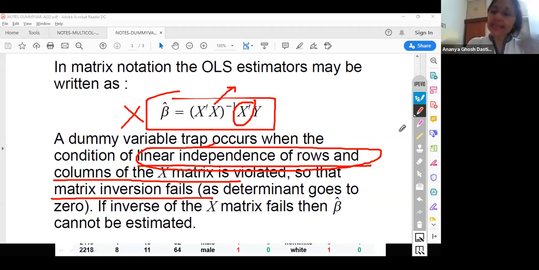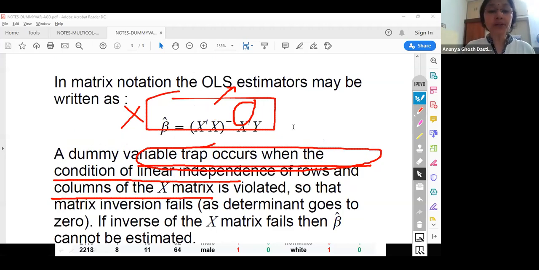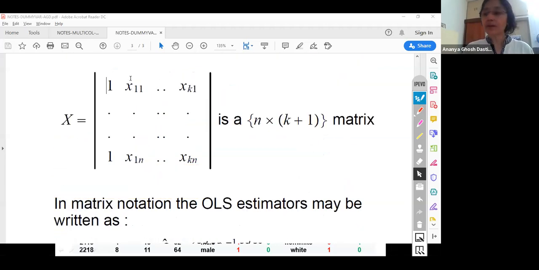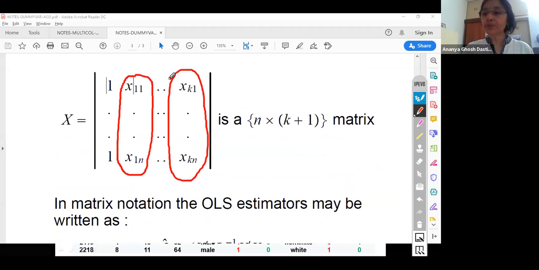And it is exactly the same reason why we cannot have perfect collinearity in our model. Suppose there is perfect collinearity between x1 and xk. What does that mean? It means I can express one variable in terms of the other. That is what it would mean.